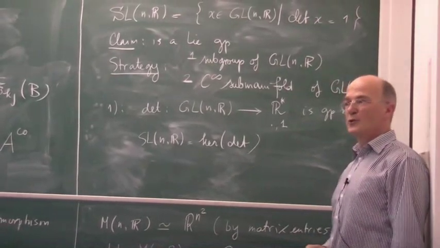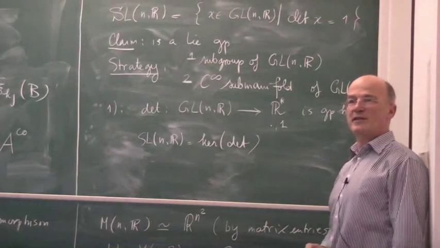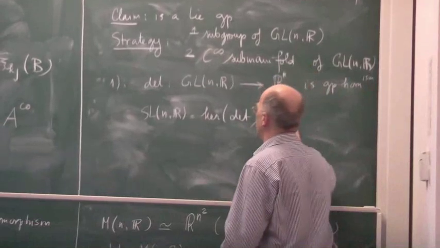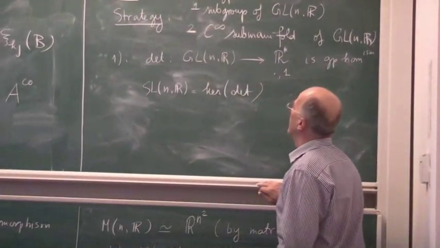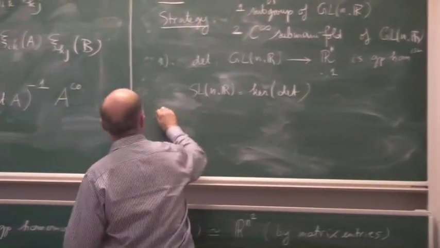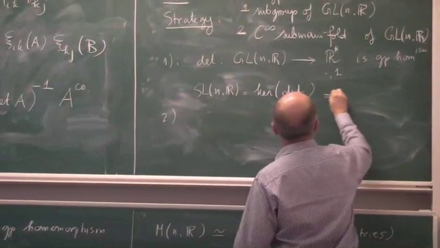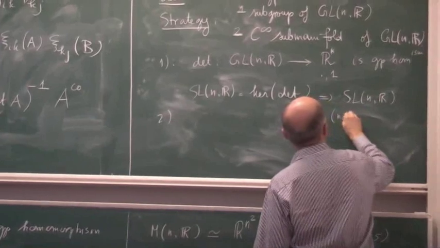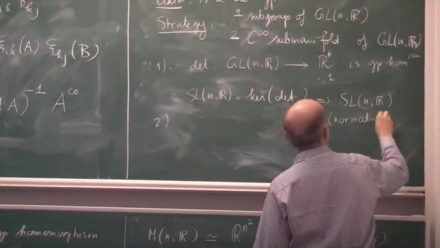In fact, it's a normal subgroup. So in this way we immediately see that SL(n,R) is a normal subgroup of GL(n,R).